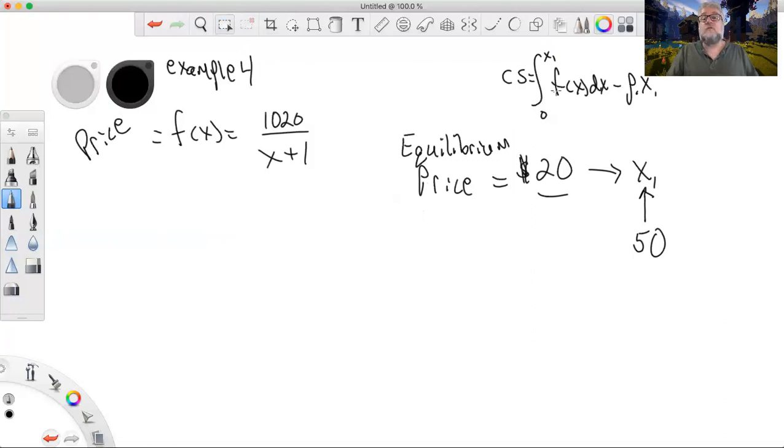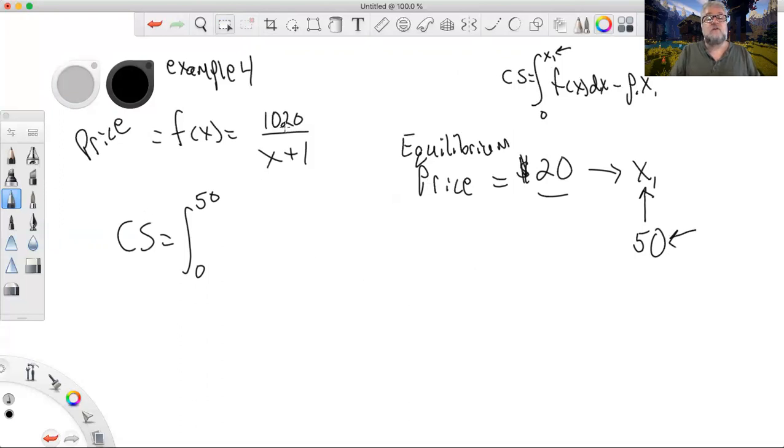Now we're going to use the formula. So the consumer surplus, meaning how much money are we going to make when the consumers are more than the product. So the demand is higher than the supply. I'm going to integrate from 0 to 50 because x1 up here is the number of units I sold at equilibrium.